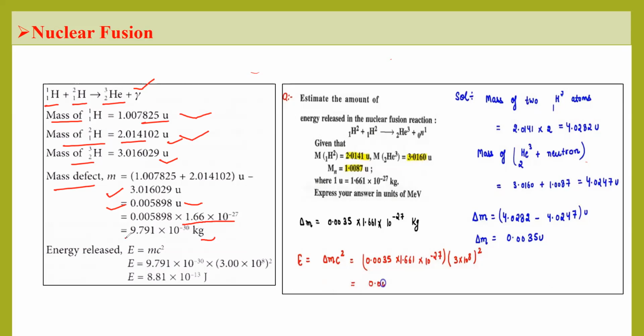So it comes to 9.791 into 10 to the power minus 30 kilogram. So this is the mass defect.